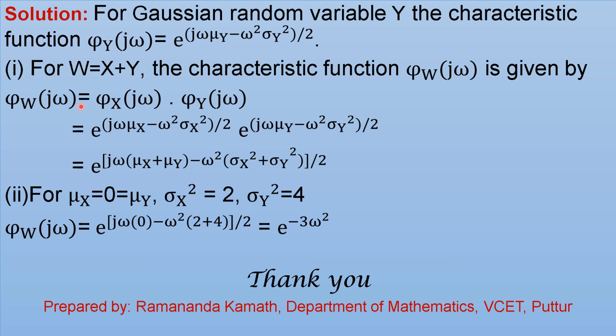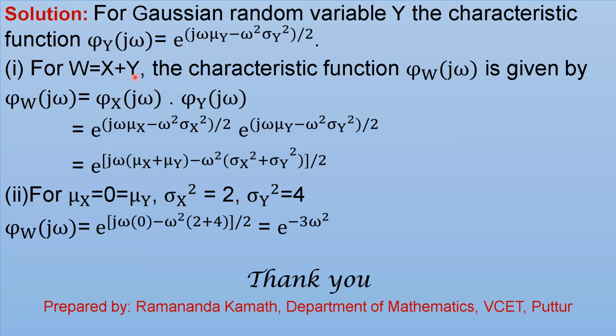if you see this in the first module, it is the same as phi x of j omega into phi y of j omega. If you see the theoretical part of bivariate Gaussian random variables, there it is proved. Each of these characteristic functions, you have to see the first module, how we get the characteristic function of a Gaussian random variable.